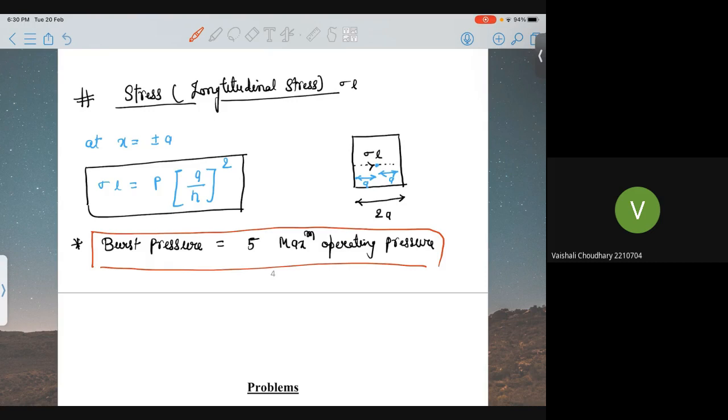Now, we'll solve the problem based on this burst pressure.